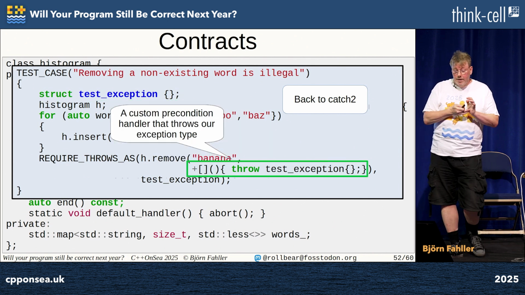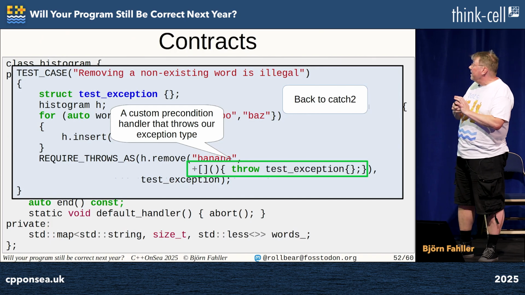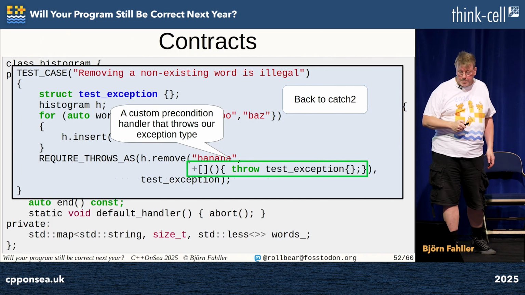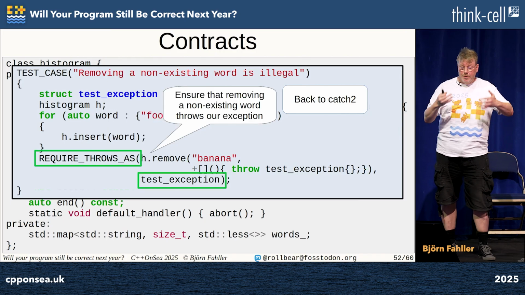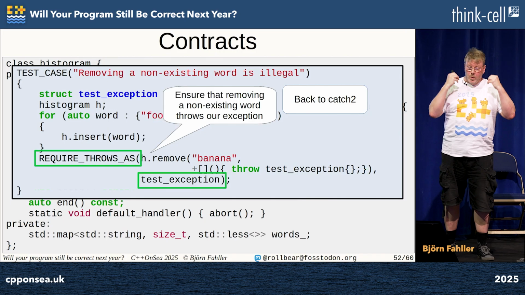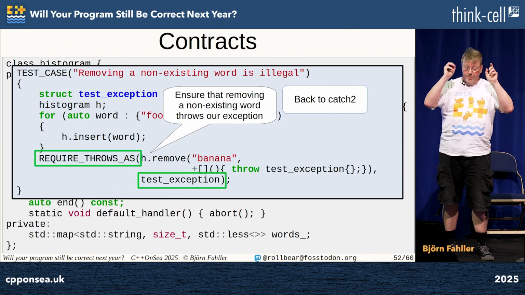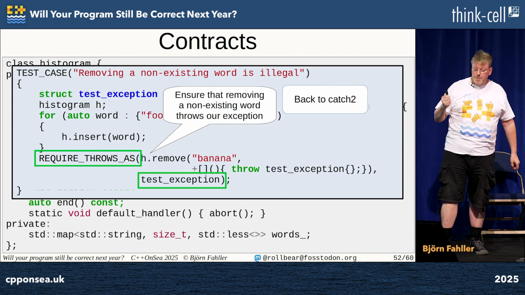And I use my replacement violation handler that throws this specific exception. And then Catch 2 has this REQUIRE_THROWS_AS, and I say that when you call h.remove banana, this lambda, the result must be that it throws an instance of test exception.